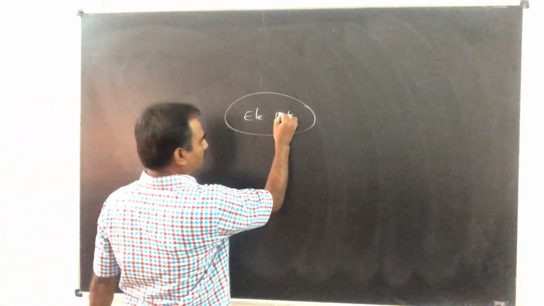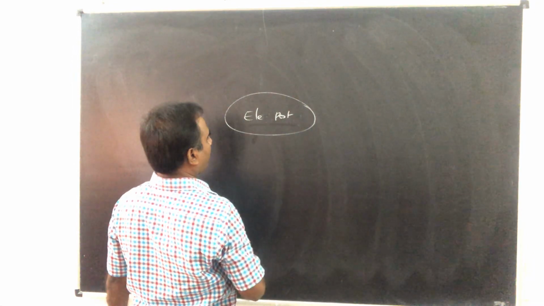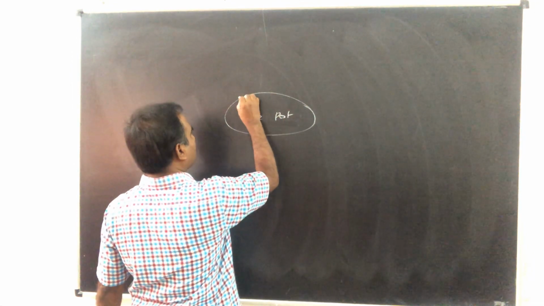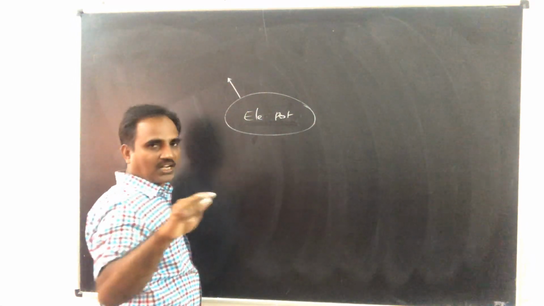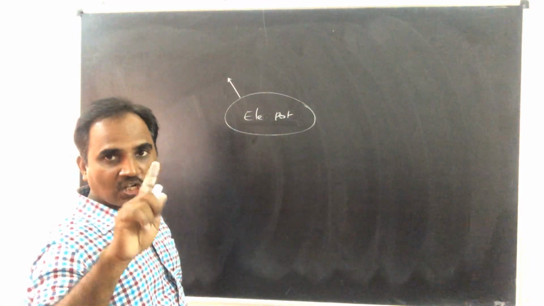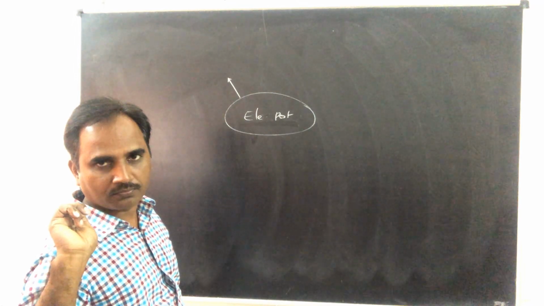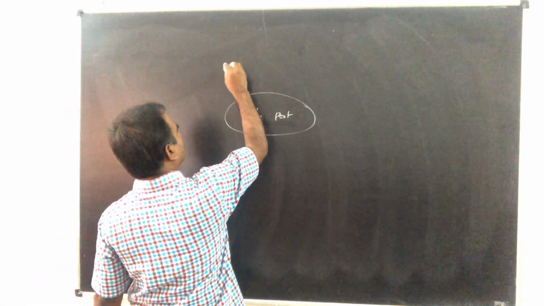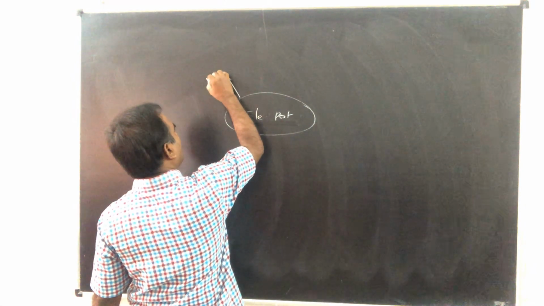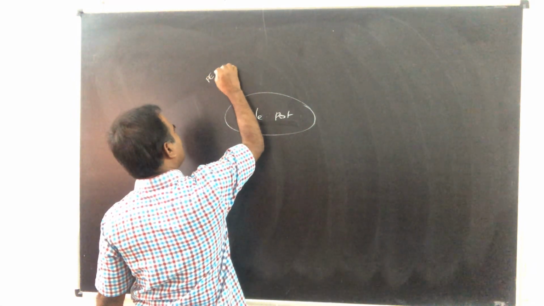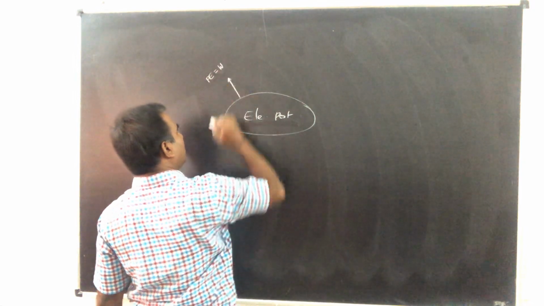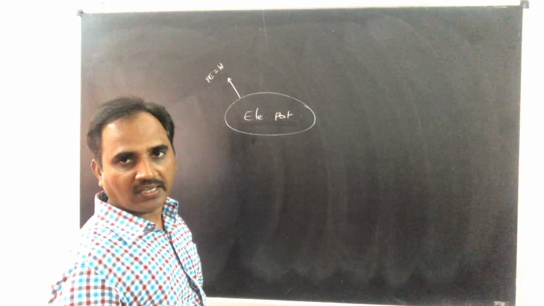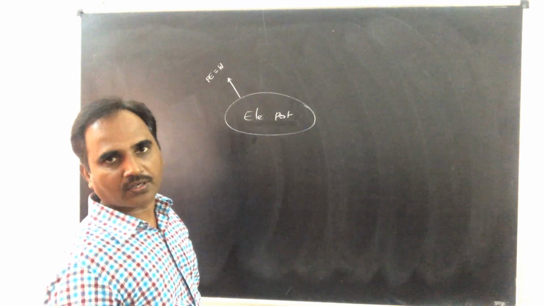So here we shall do some brain mapping regarding this one. In this topic, electric potential, first you learned that whenever a charge is kept in the electric field, it has potential energy. So this potential energy is equal to the work done in moving the charge from infinity to that point, opposite to the direction of the electric field, without acceleration.